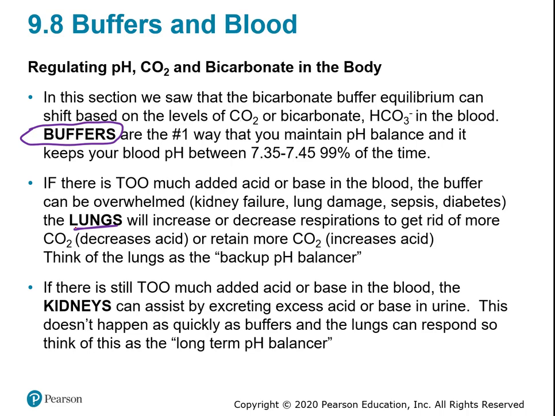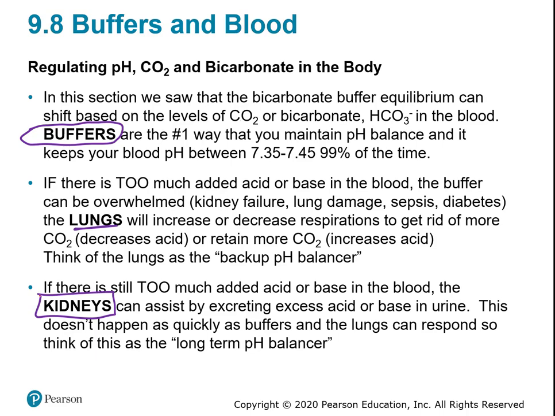But then far and above, the kidneys. This is why you really need kidneys, because your kidneys' job is to do the fine tuning. The kidneys filter your blood 35 times a day. As long as you have functional kidneys, any excess acid gets filtered out and any excess base gets filtered out, so your blood pH stays right at 7.4, right in the middle, not dropping or rising above or below.